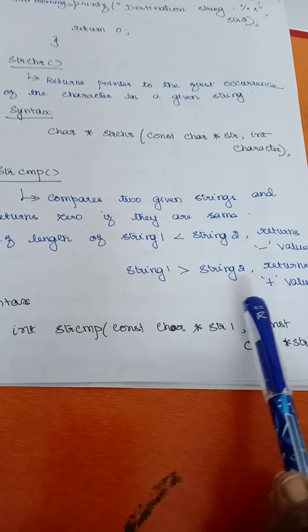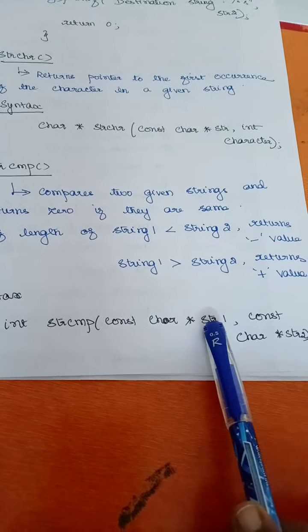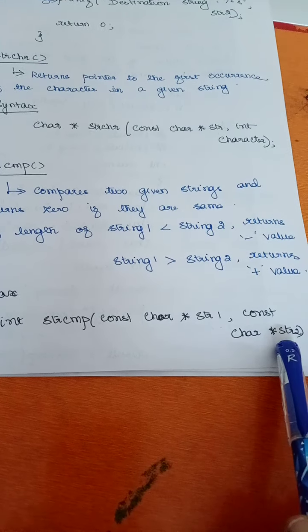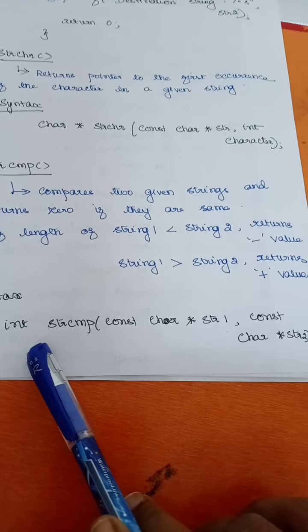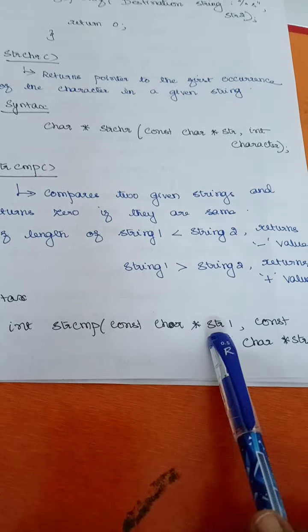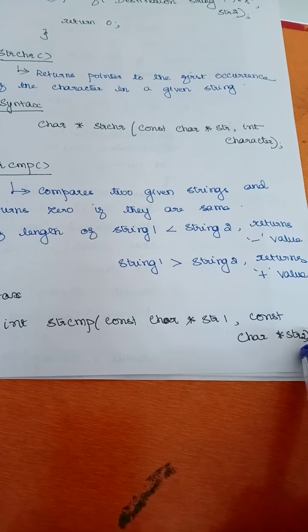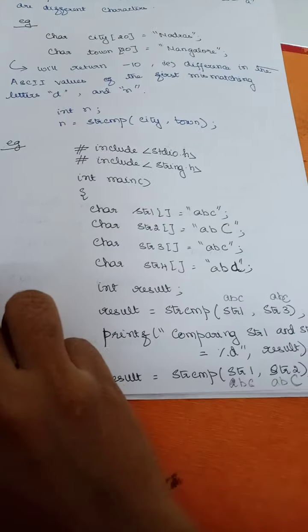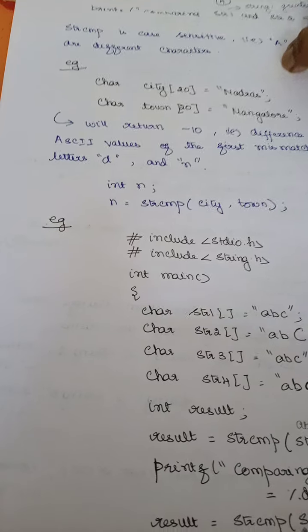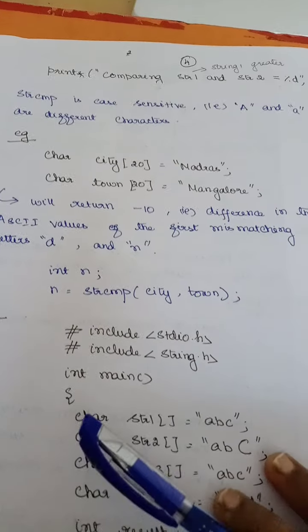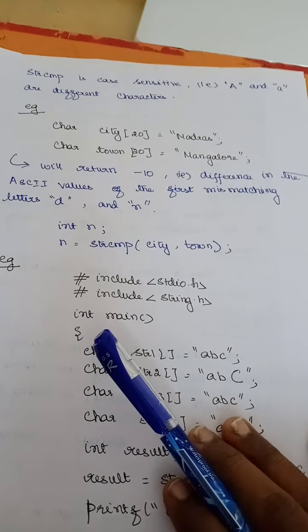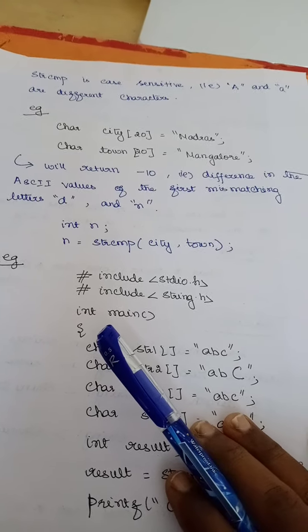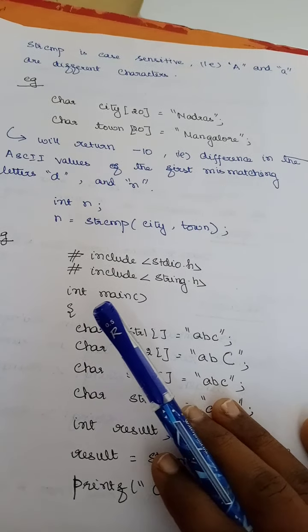If str1 is less than the second string, it is going to return a negative value. When the first string is greater than the second string, it is going to return a positive value. We'll see one small program for this string compare. And I already told you it is case sensitive. The small a and capital A are different characters in string compare.